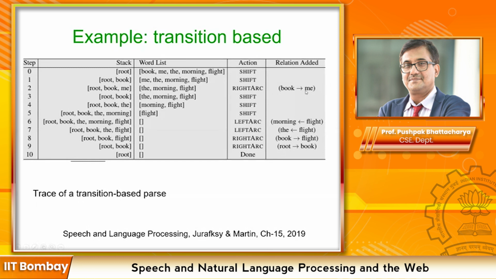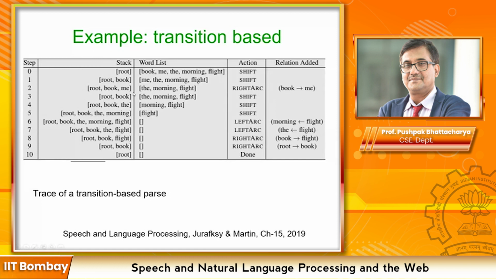So me has gone out of the stack. Notice that since me has gone out of the stack, there is no way you can set up relations with me. This is a greedy algorithm. A word coming out of the stack and going to the relation repository will not be examined again. So this is a greedy algorithm.